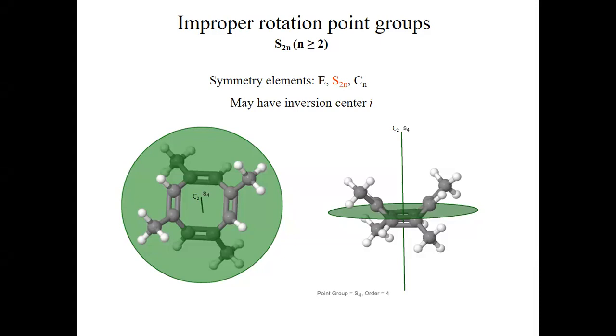So if you have experience with this and know about the properties of all the point groups, then you can, just by looking at a molecule in many cases, say, well, this molecule belongs to this point group, and that molecule belongs to another point group.